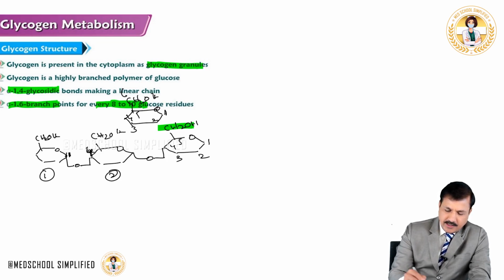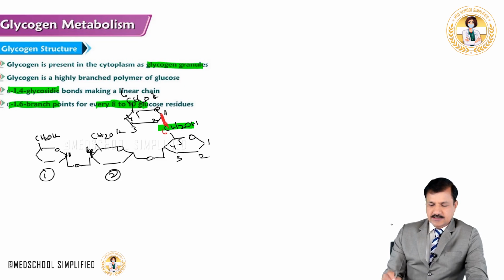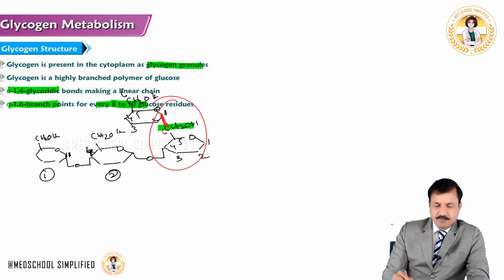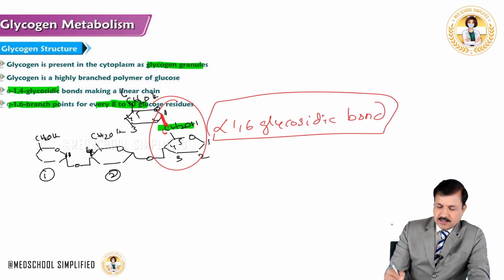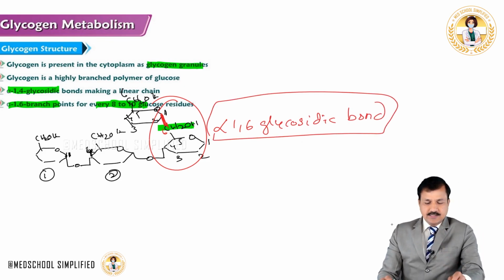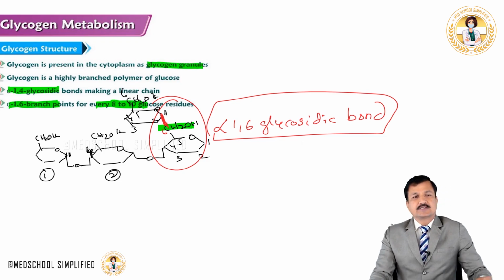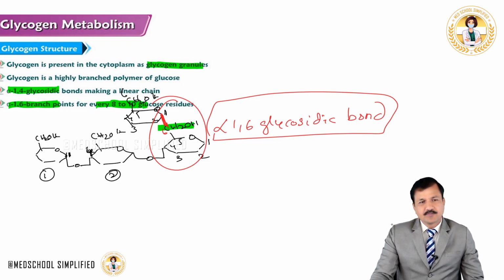The sixth carbon is interacting with the first carbon, making a linkage. This particular linkage is the alpha-1,6 glycosidic bond, and this is the branch point that glycogen will have. Like this, glycogen is a highly branched polymer of glucose.